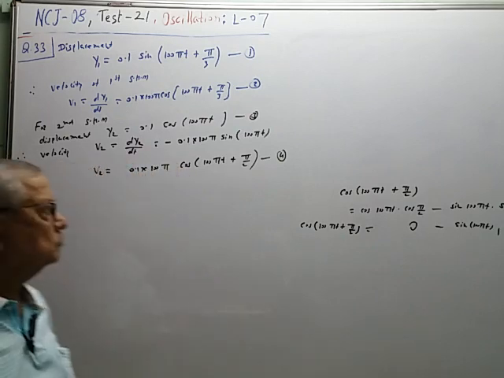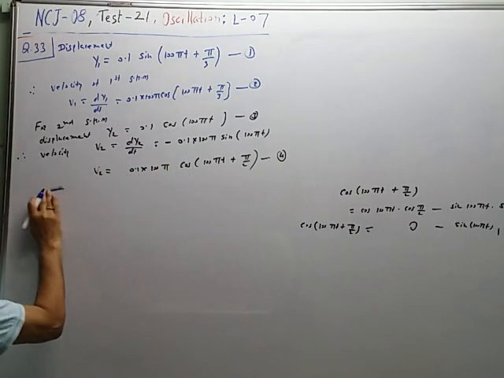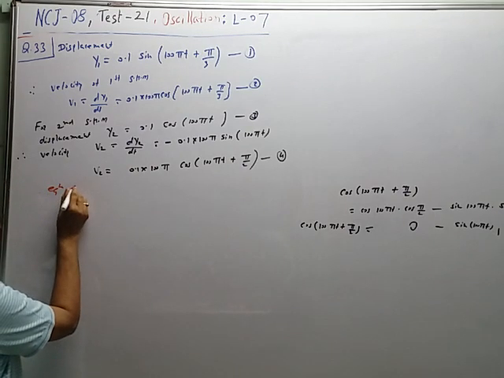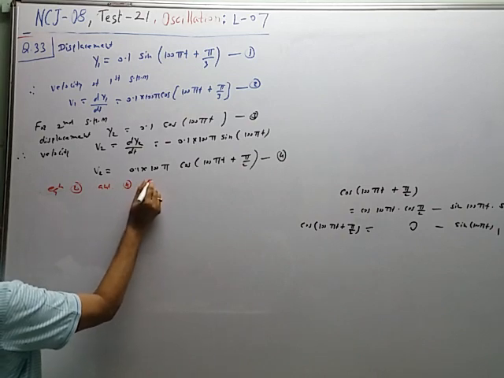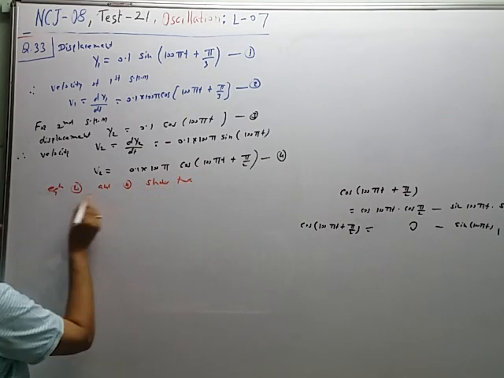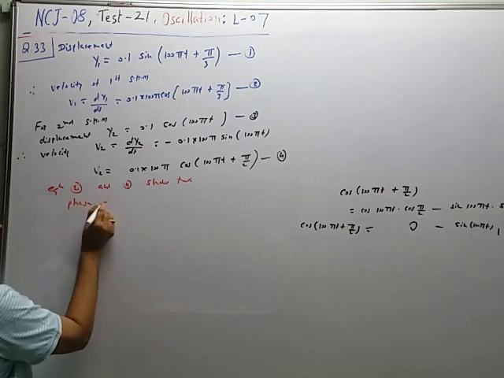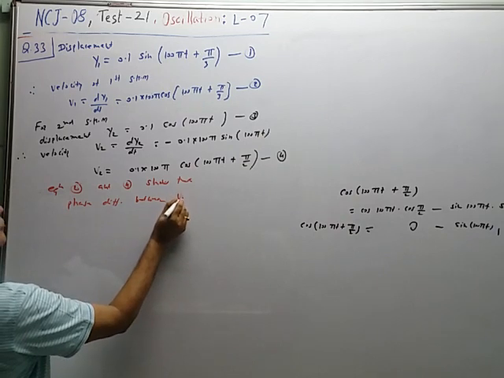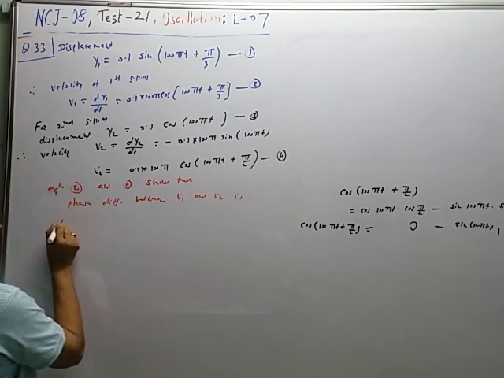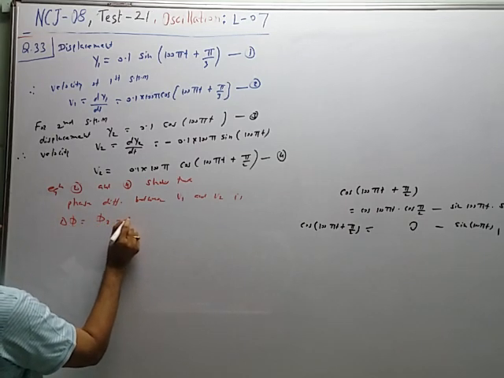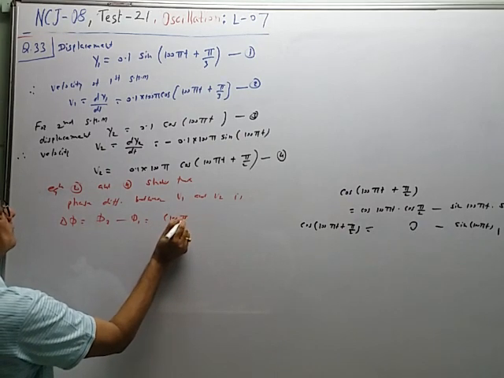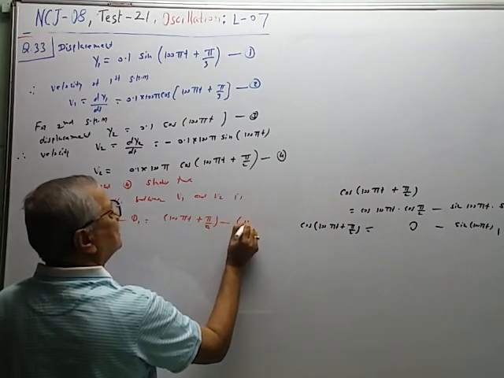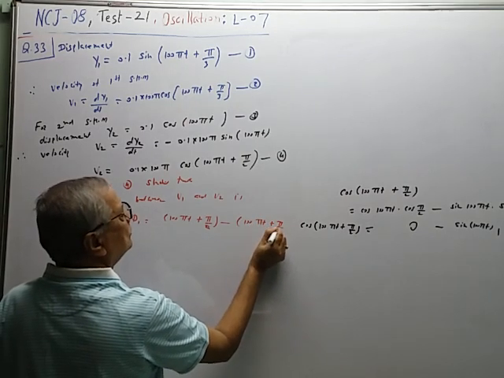So equations 2 and 4 show that the phase difference between V1 and V2 is delta phi is equal to phi 2 minus phi 1 is equal to (100 pi t plus pi by 2) minus (100 pi t plus pi by 3).